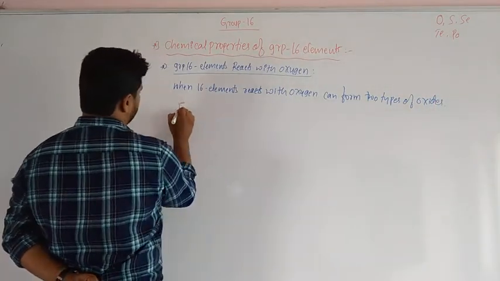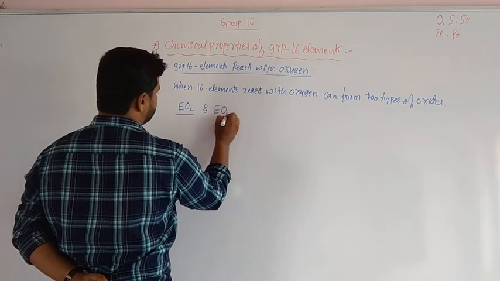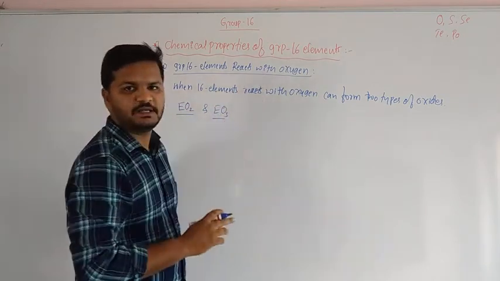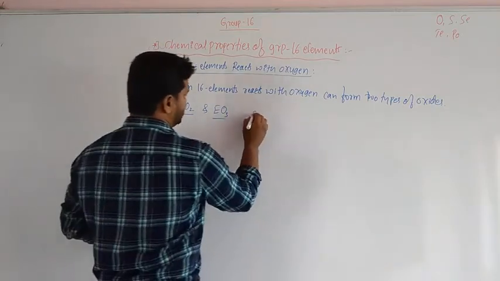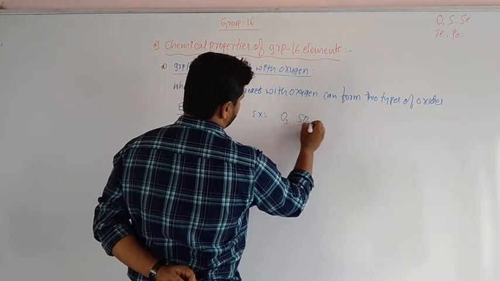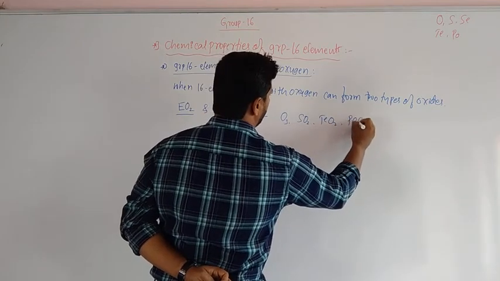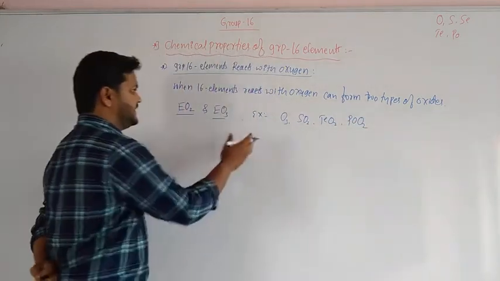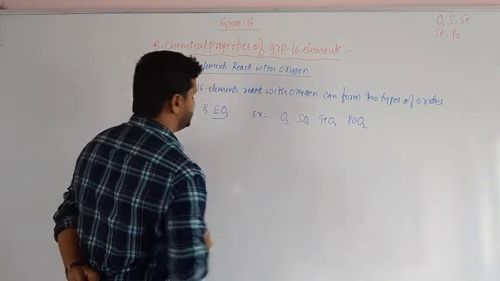That is, first one EO2 and second one EO3. Here E is nothing but the group 16 element. EO2 and EO3. Examples: O3, SO2, SeO2 and PoO2. So these are the examples of when group 16 elements react with the oxygen.